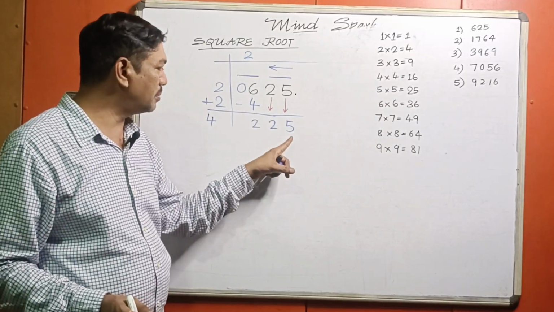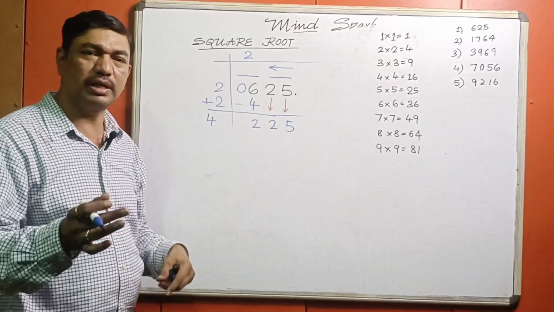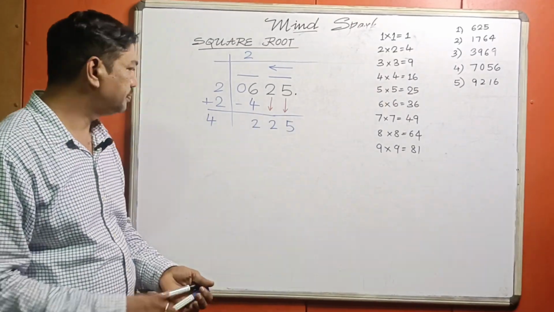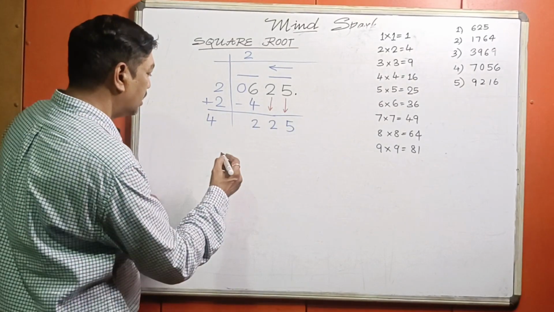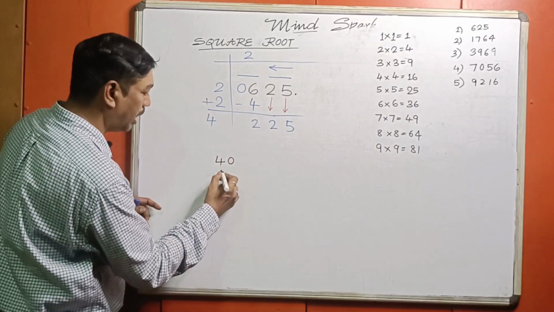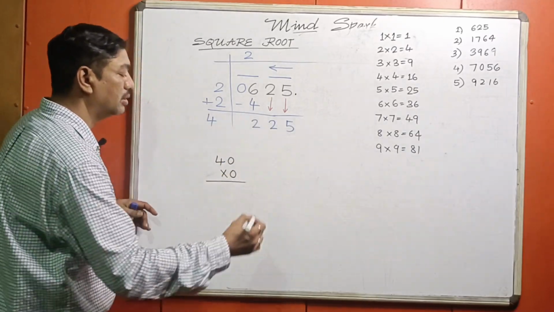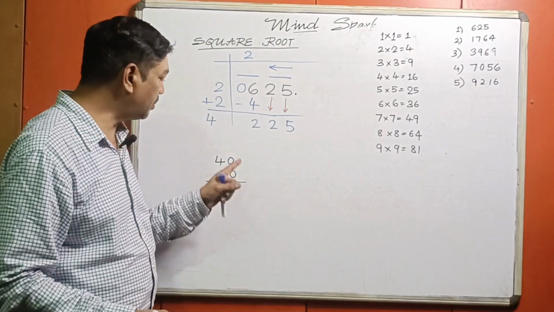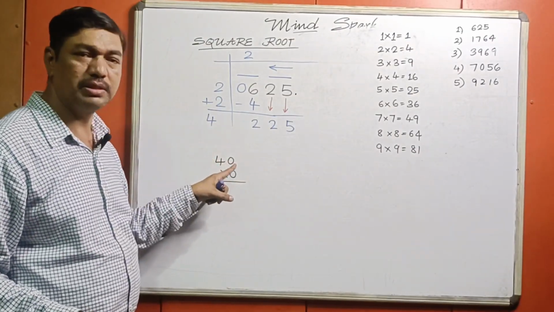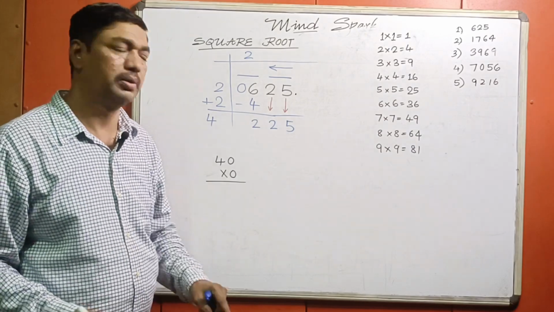Before that, what are the options? For this 4, you can put 0, and the rule is that you have to multiply with 0. Whatever number you put after this 4, you multiply with that same number. That is the rule.